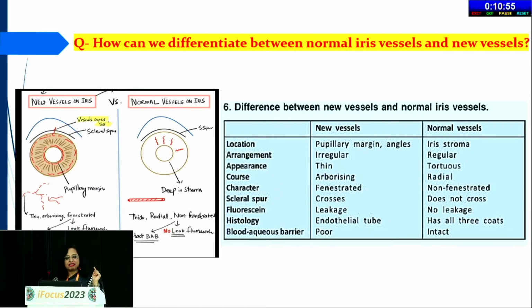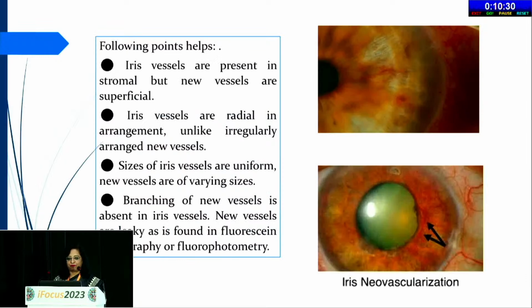You can see in the diagram that new vessels, which are usually located, as I told you, at the pupillary margins, are irregular, thin, arborizing, and they leak on angiogram and cross the blood aqueous barrier, while the normal blood vessels are thick, present in the stroma in the deeper layers, regular, tortuous, radial, but non-fenestrated, therefore they don't leak on angiogram.